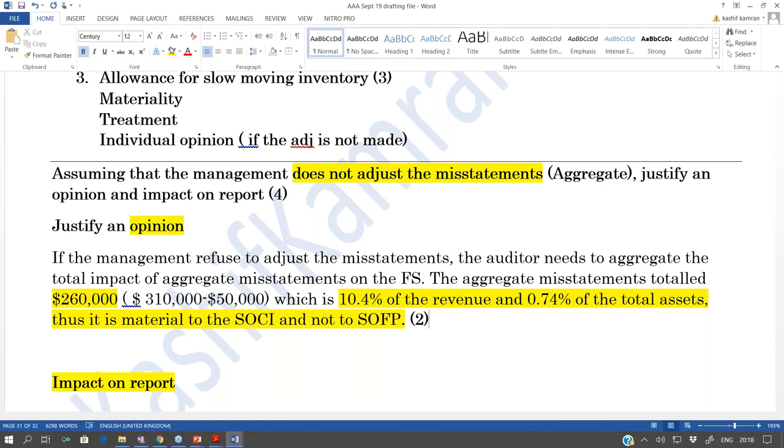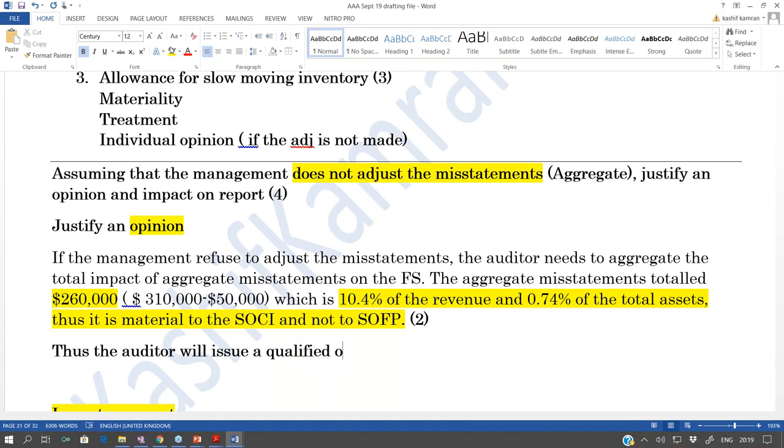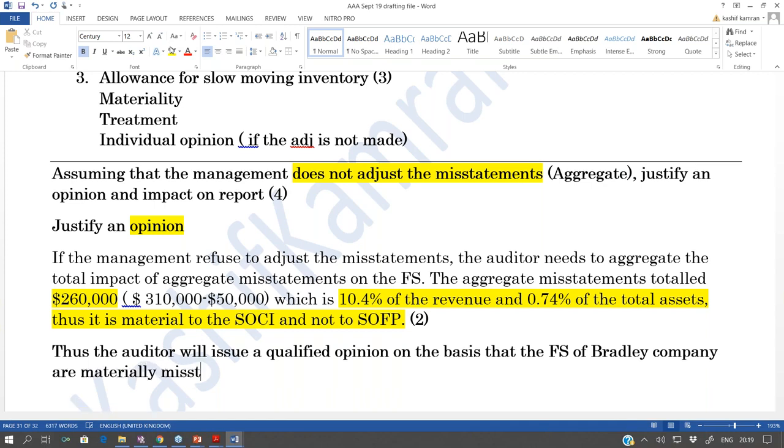And then you justify the opinion. Thus, the auditor will issue a qualified opinion on the basis that the financial statements of Bradley Company are materially misstated for the aggregate misstatements above.